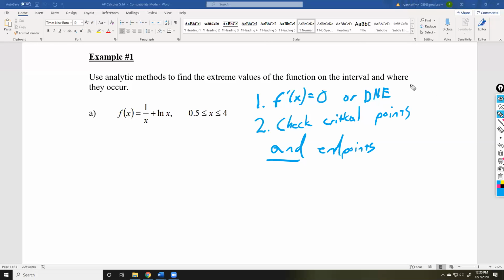So these are our candidates for our absolute min or max. We could have a minimum or a maximum here, we could not. But the candidates that we're going to have are these points that we find in step 1 and our endpoints. One of those points is going to be my maximum. One of those points is going to be my minimum.